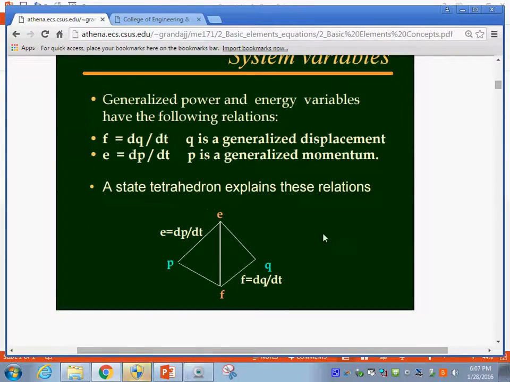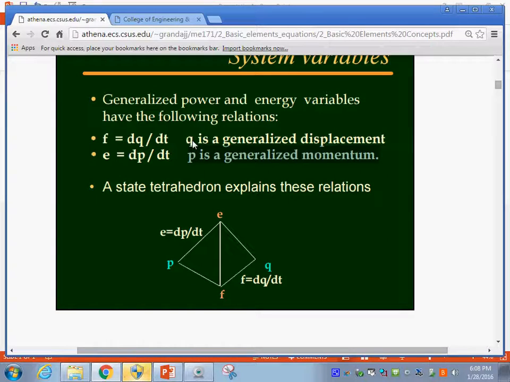In here, one more clarification that we would like to make is that the flow variable is the derivative of the position. And position, we are going to generalize by the letter Q. And the letter P is going to generalize the momentum.